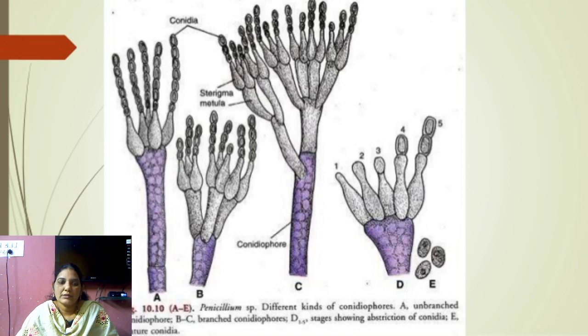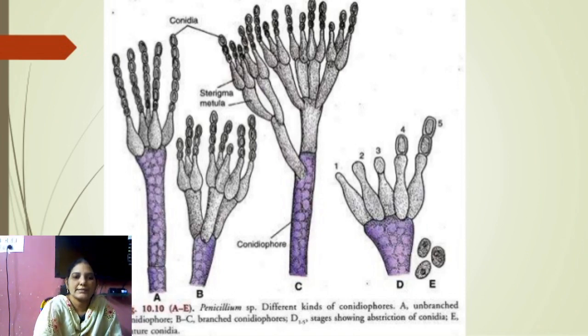The single main branch is called conidiophore, and it divides into a second branch called metulae. The metulae produce conidia. The conidia separate from each other and form a new Penicillium thallus.